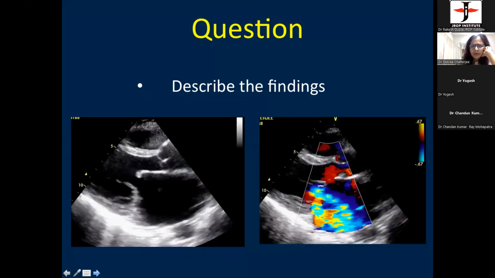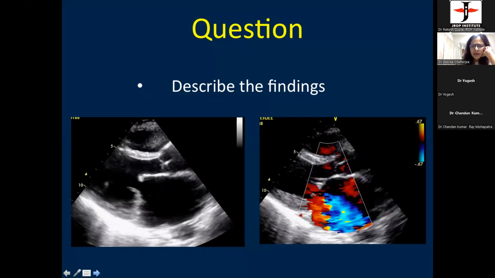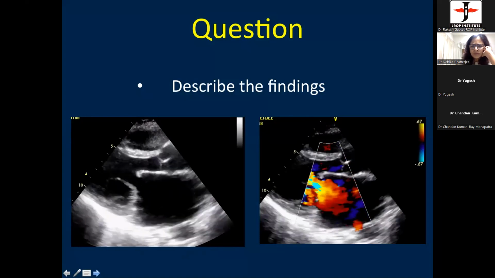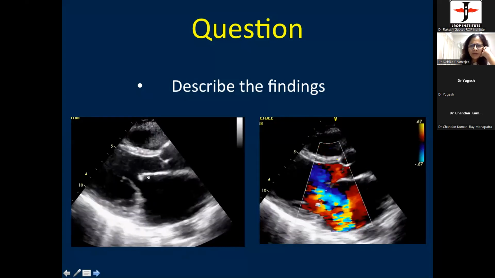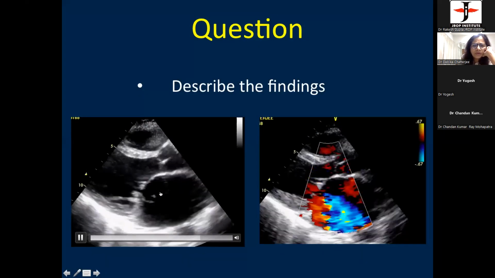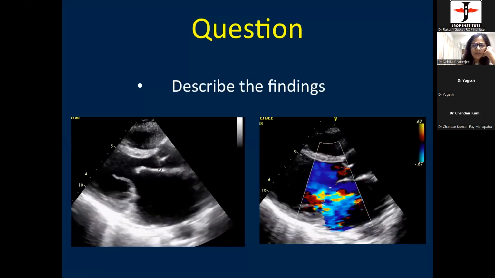What about the mitral valve leaflets? Coaptation defect, ma'am. Thickened tip of the AML. Do you think it's the tip of the AML or the entire AML? Entire AML is thickened. Don't repeat what I am telling; you should pick up the finding. Thickened leaflet, yes.